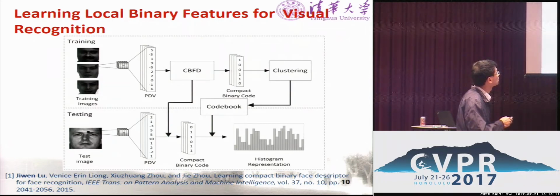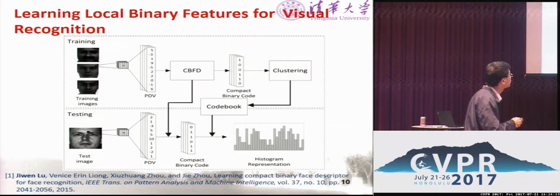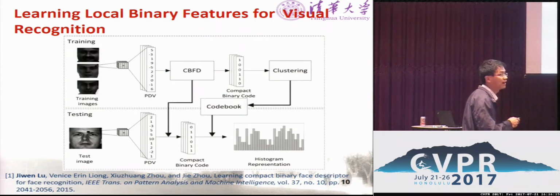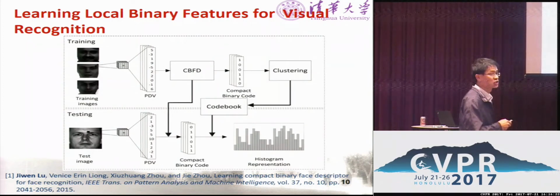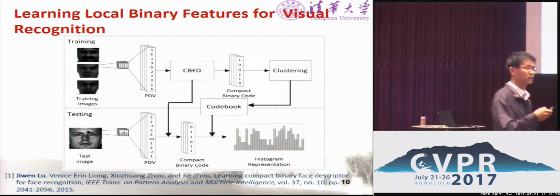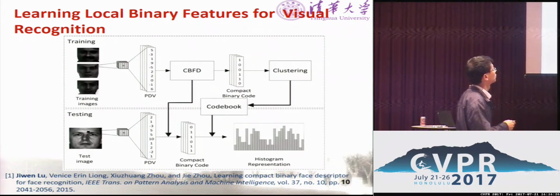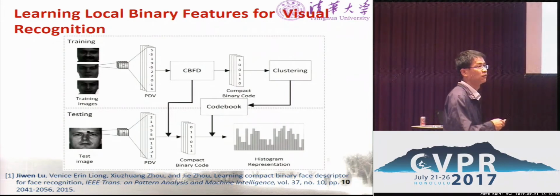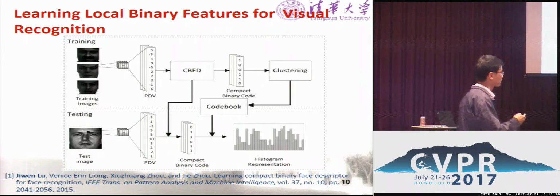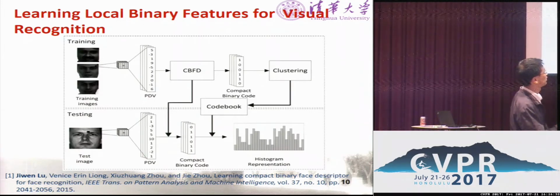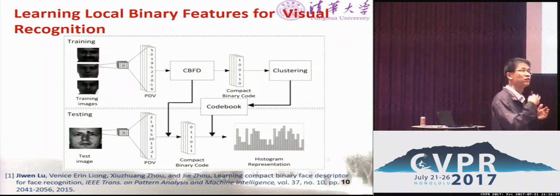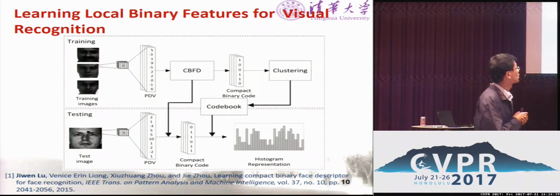We make this high dimensional real-valued PDV feature vector into a local binary feature vector, a binary code. We achieve some objectives. First, the redundancy of this PDV vector can be well removed. Second, we can make the distribution of the bins of this binary code more even, as I mentioned just now.